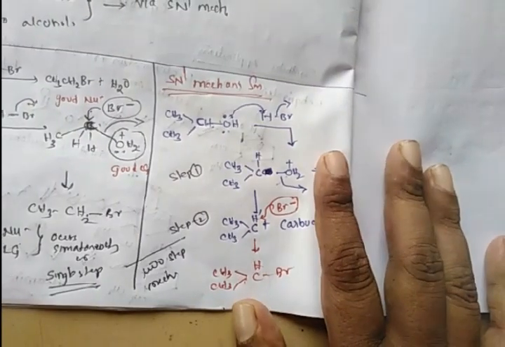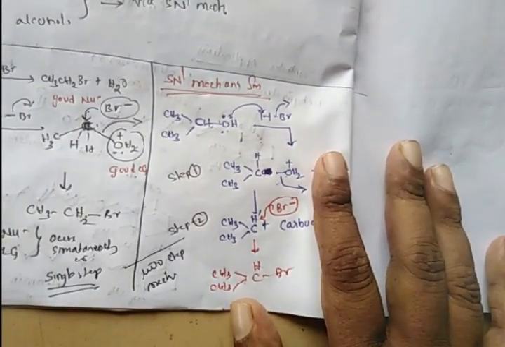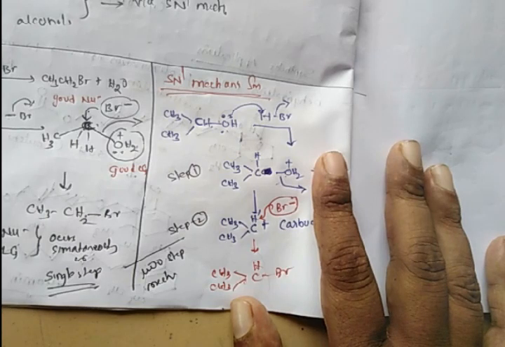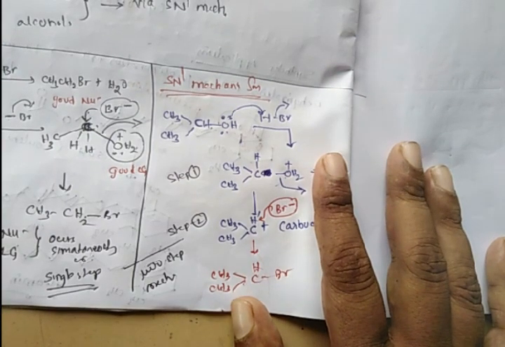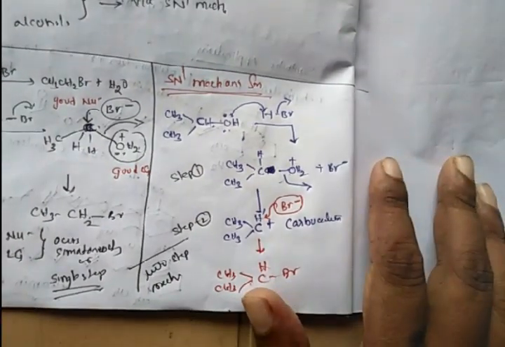In order to transform these alcohols into alkyl halides, they have to be treated with strong acids like HBr or HI. Whenever you treat these alcohols with HBr or HI, they form the corresponding alkyl halides via nucleophilic substitution.